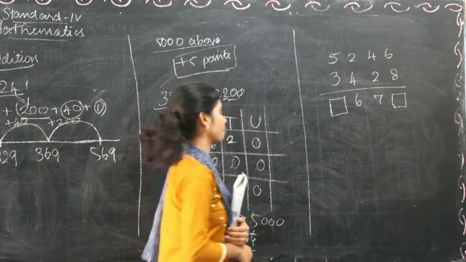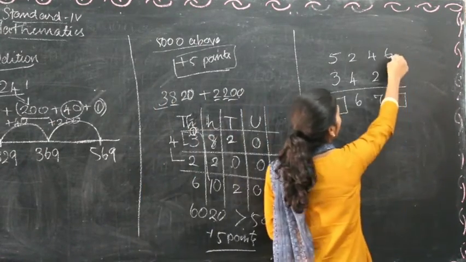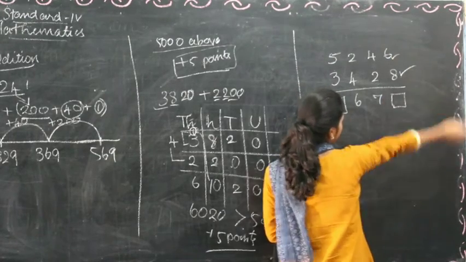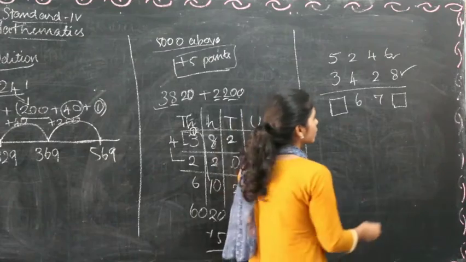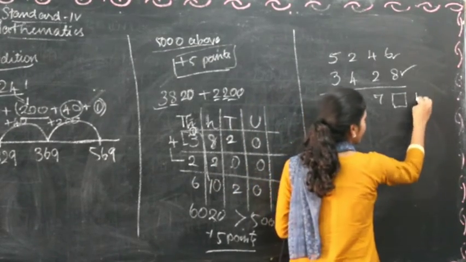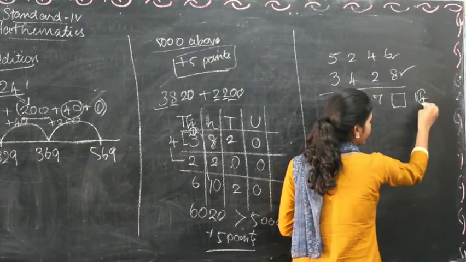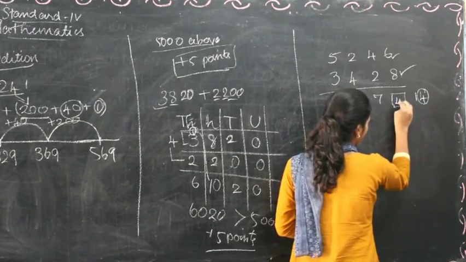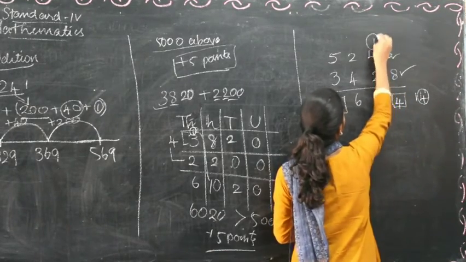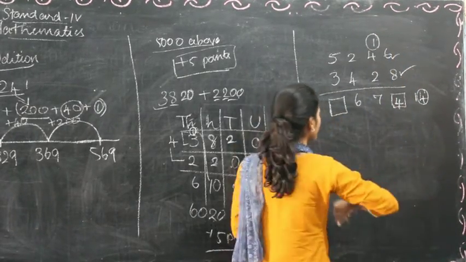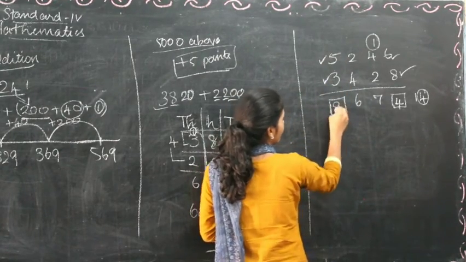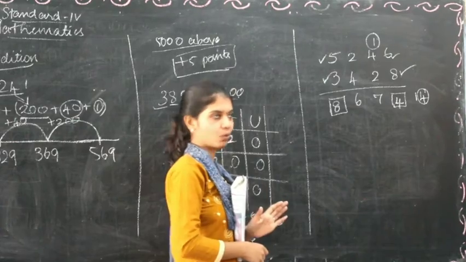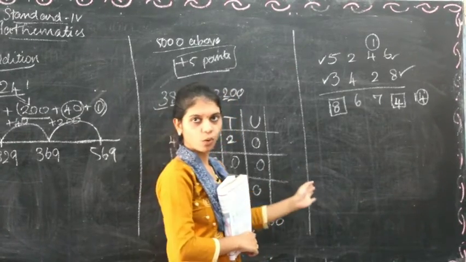Let's try and fill them. Here 6 plus 8 will be 14. We need only units, right? So we are writing the unit here and then the carry goes up. Then here 5 plus 3 will be 8. We just need to find the empty one. We don't have to solve the whole sum.